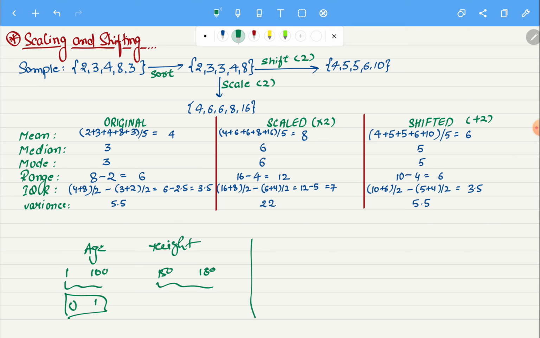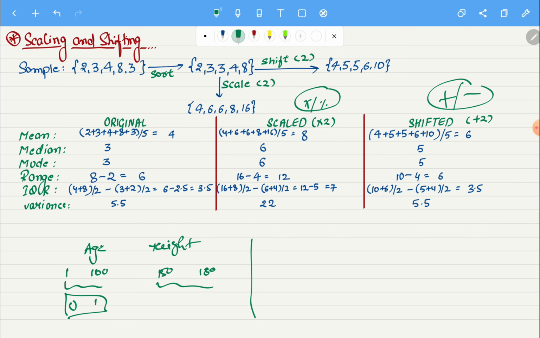Say data is collected at 8 a.m., but we want to shift it by an hour so that it falls in our business hours from 9 to 5. So we can add 1 to our data, making it more suitable for our business hours. That's why we do shifting. For shifting we do plus or minus, and for scaling we do multiplication or division.